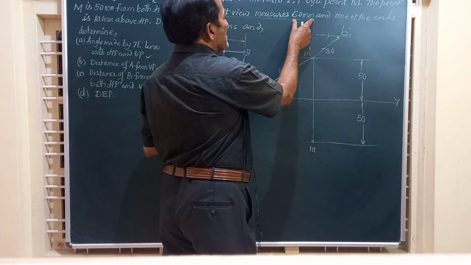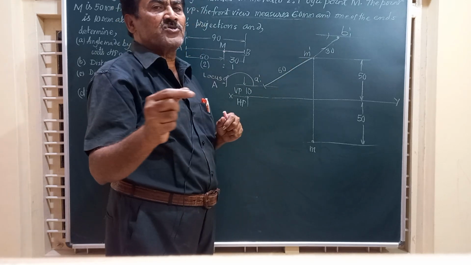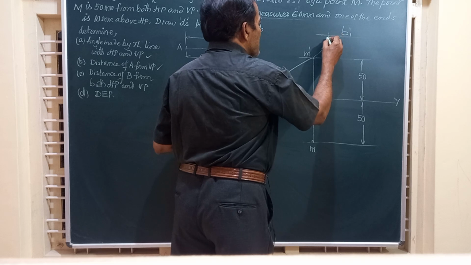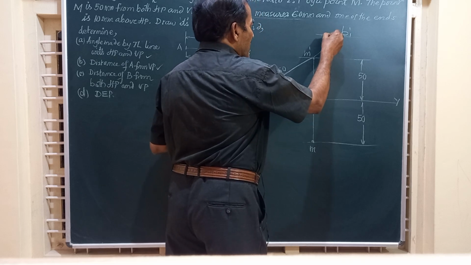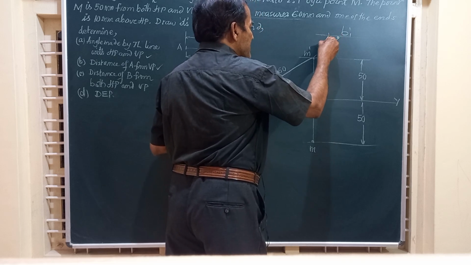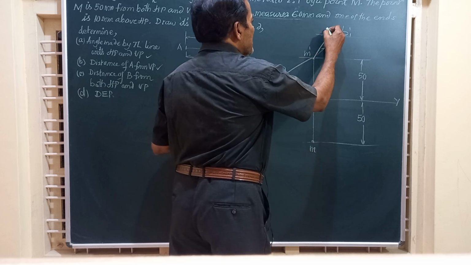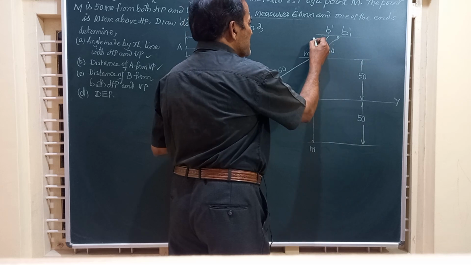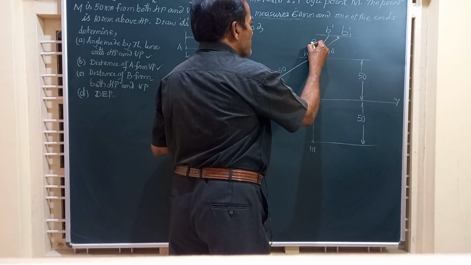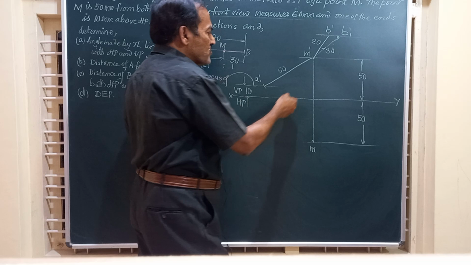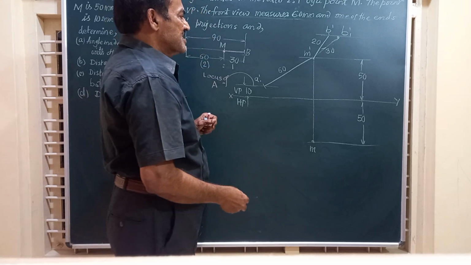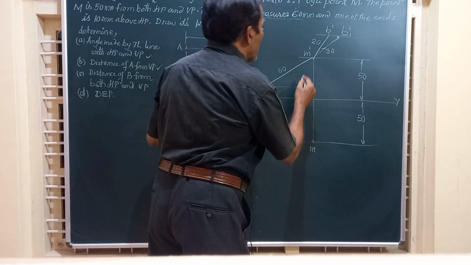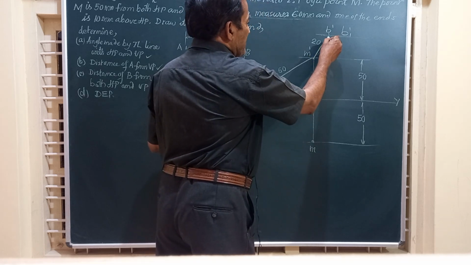Now friends, I take M dash as center and with radius equal to how much? If this front view is divided in the ratio 2 is to 1, this length is going to be 20. So I am going to draw an arc taking radius 20 millimeter and this point is going to be point B dash, and this distance is 20. So the other length should become obviously 40. Now what I do, friends, I have this point B dash.